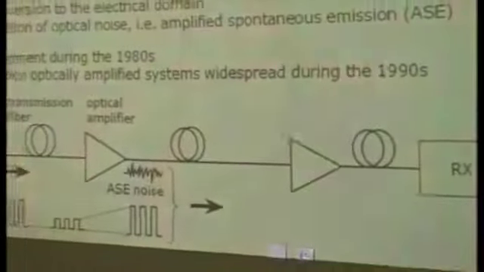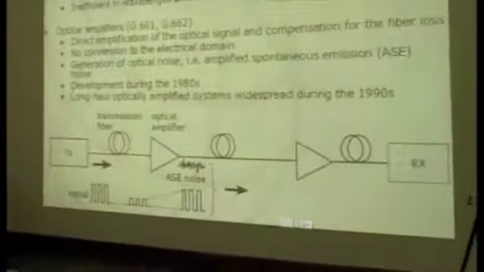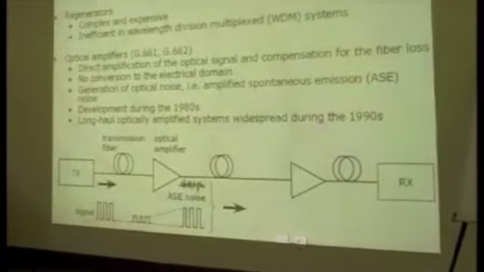And limitation in transmission distance generally means fiber loss and waveform distortion. And loss limitation has traditionally been overcome using regenerators, not optical amplifiers, which just repeat the OE conversion.